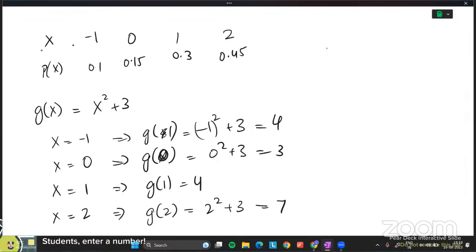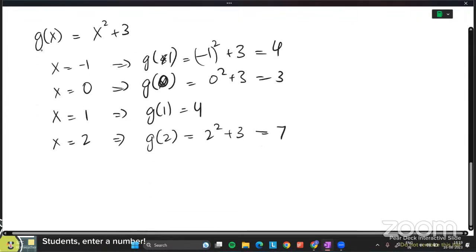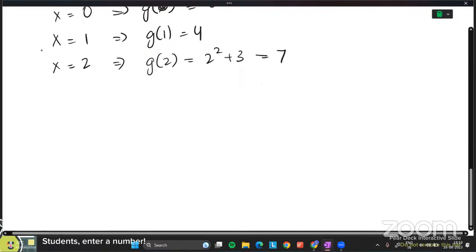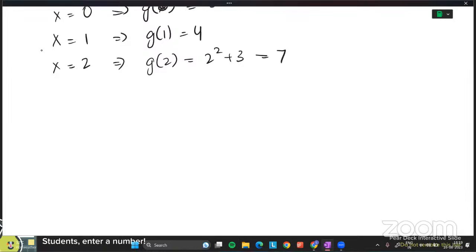Yeah. So g of x will be taking the values of 4, 3, and 7. So we can find out the individual cases, and make the PMF for g of x now. So we have 3, 4, and 7.